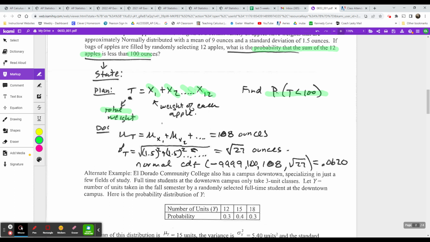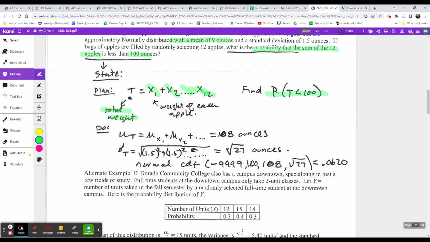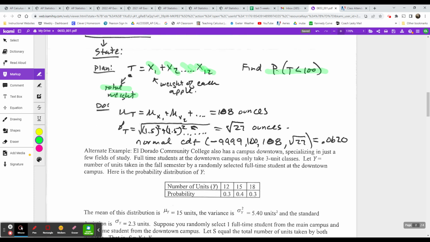All we know is there's an expected value of 9 ounces. So we take the expected value of one apple, add it to the expected value of the second apple, the third, the fourth, the fifth, and keep going until we add 12 apples up, which gives us 108 ounces.